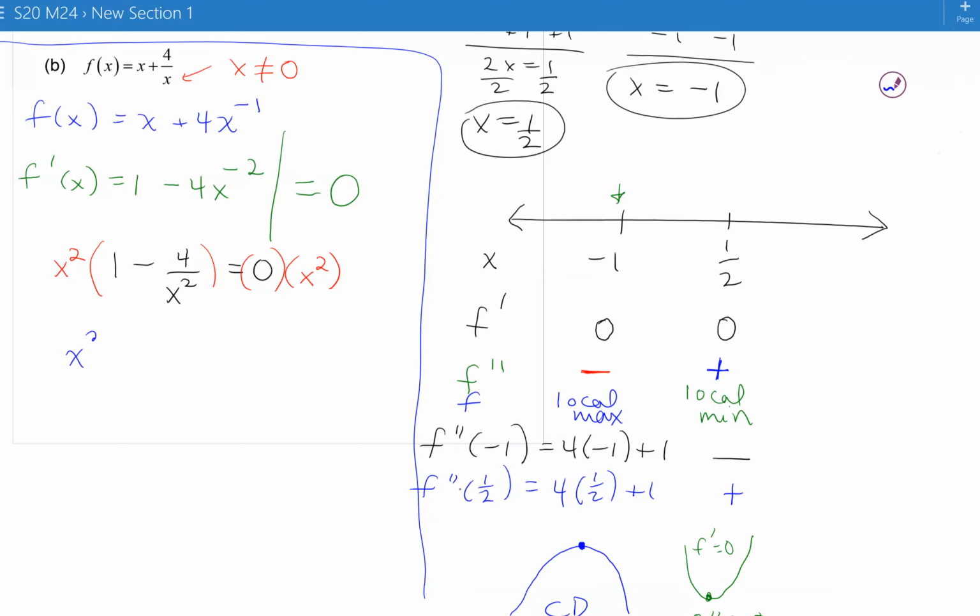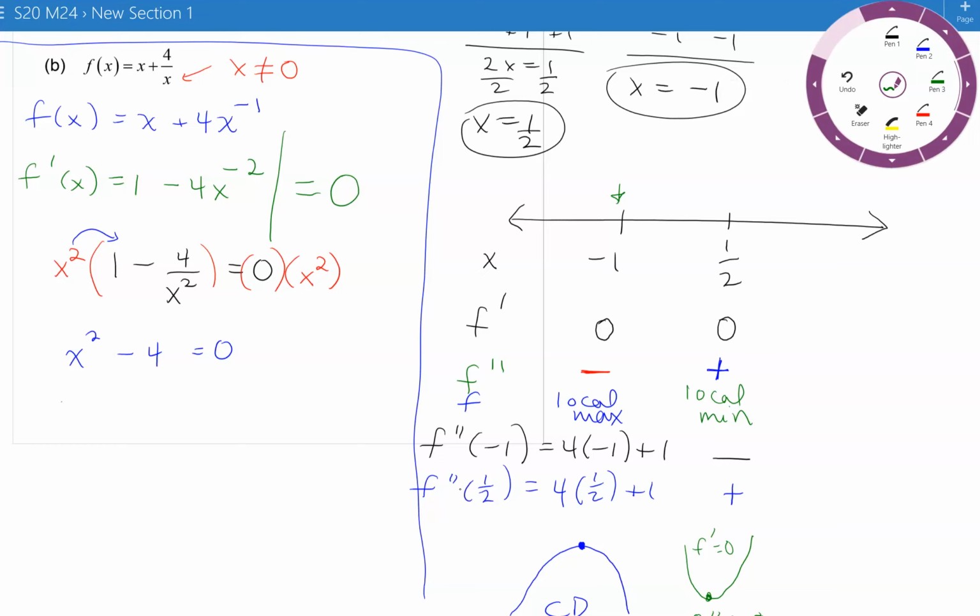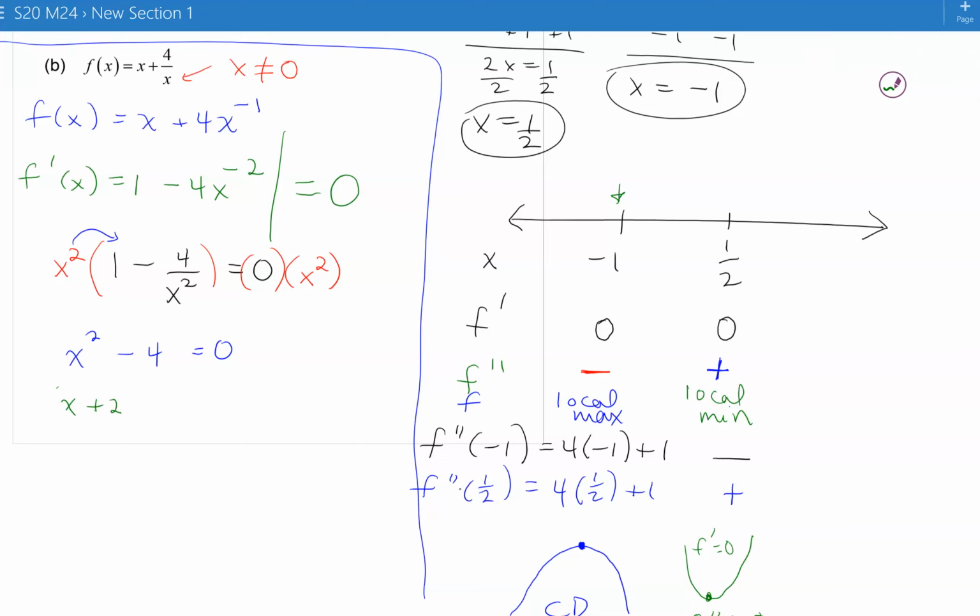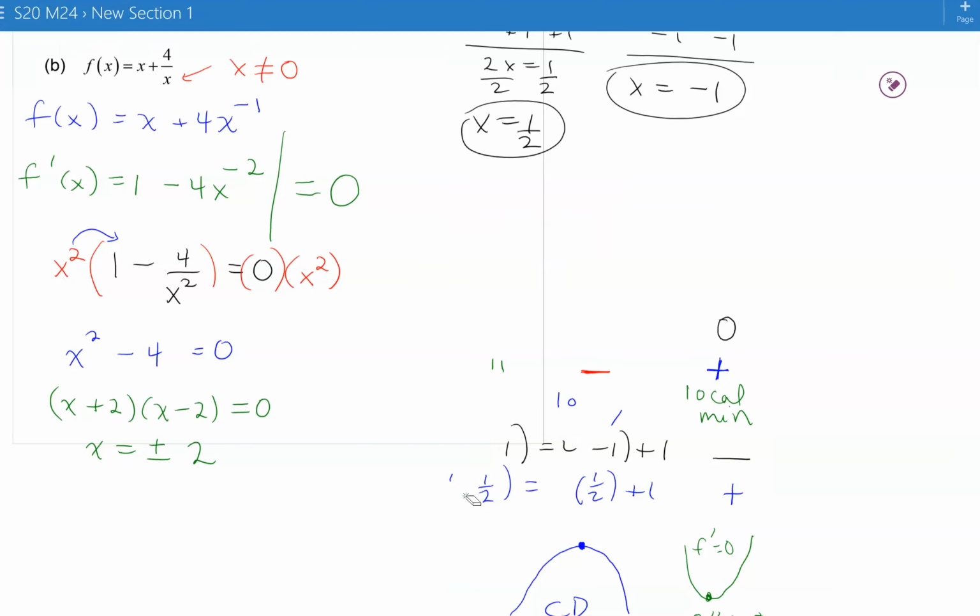So then I'm going to get x squared minus 4 equals 0. This I know how to solve. I'll have x plus 2, x minus 2. So x is plus and minus 2. So I have two critical values, +2 and -2.